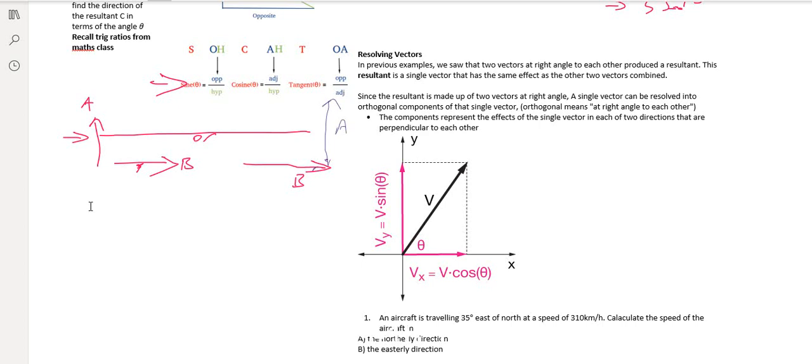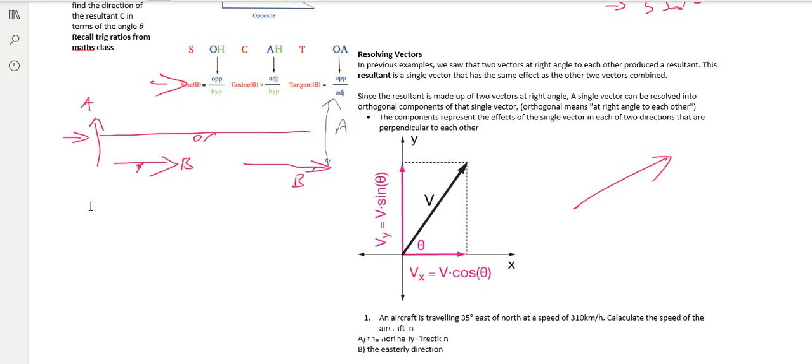Now that single vector has an effect of the two other vectors combined. So with that being said, if I have just a single vector that is tossed randomly across the screen, just like this one is randomly tossed on the screen like that, that vector is now going to have two components associated with it.